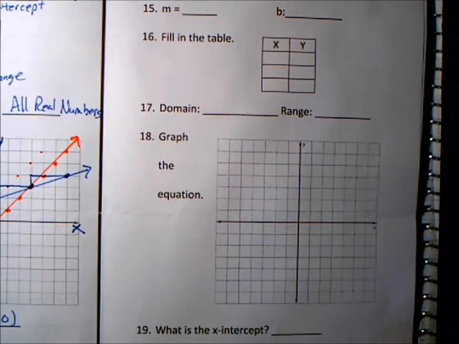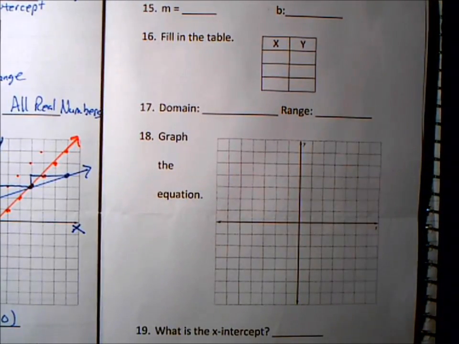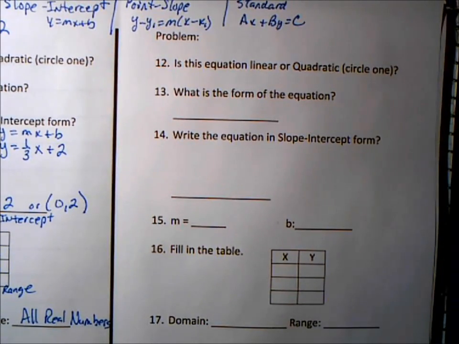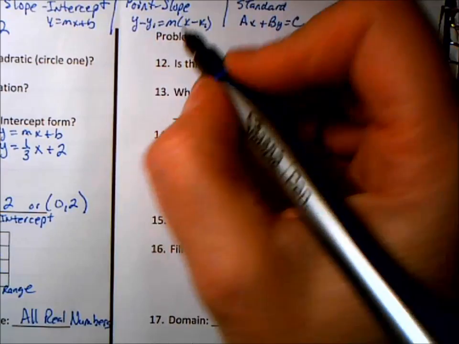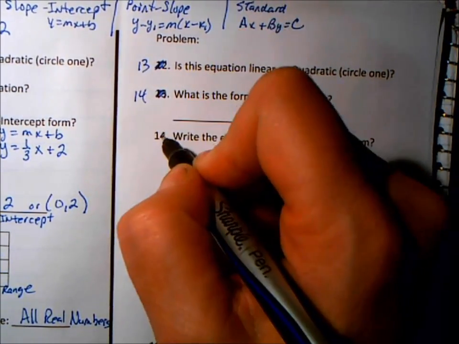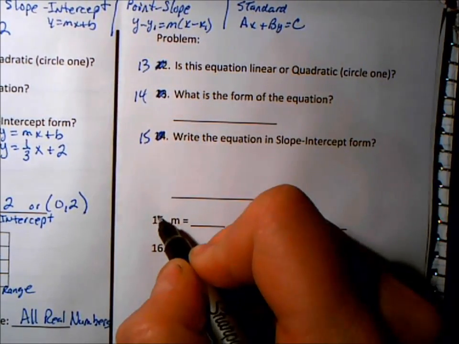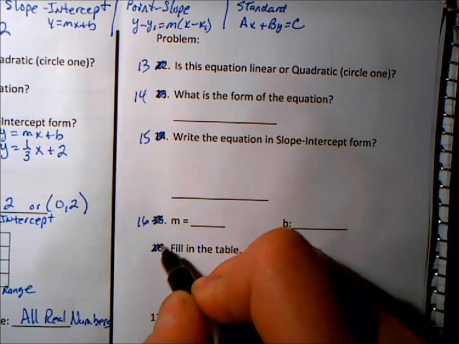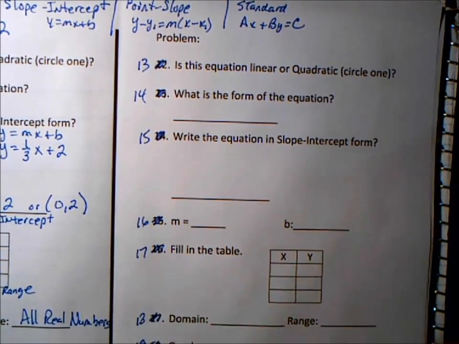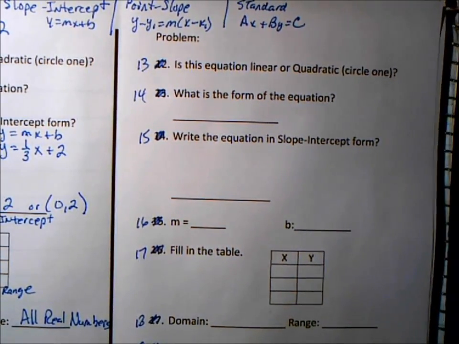Alright. If I look at the next page, or the right hand column, this should actually be question 13. Renumbering my questions real quick.